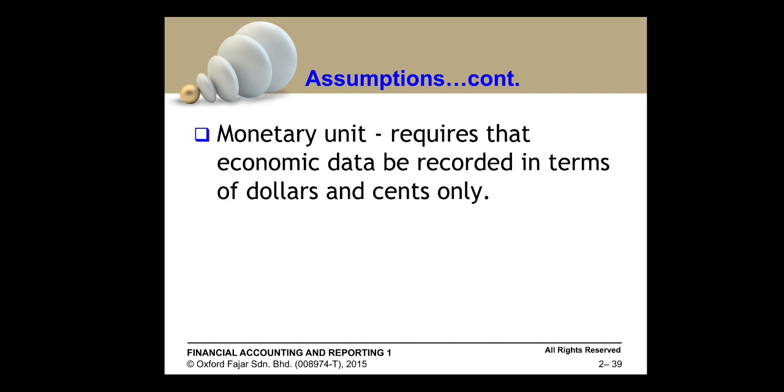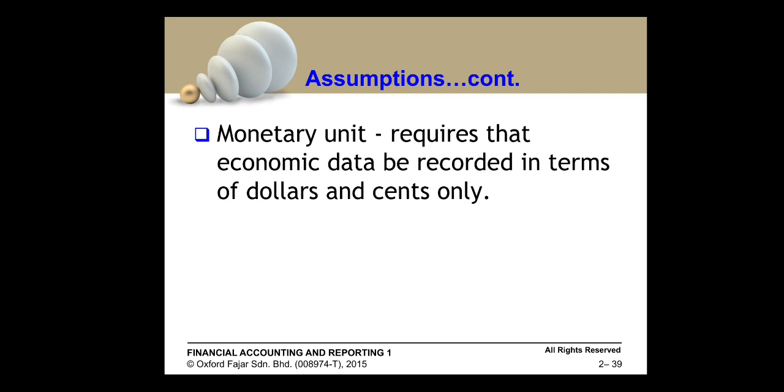But let's say location. Location is also an asset for a business. If you have a business and then you get a good location, it will benefit your business. The good location will benefit your business. You have access to more customer.